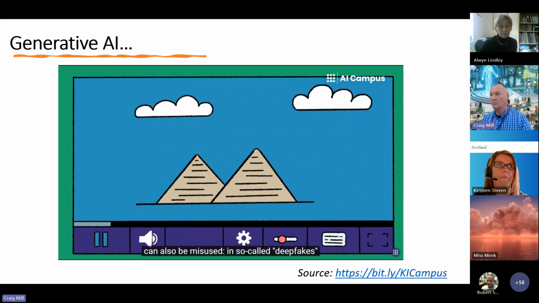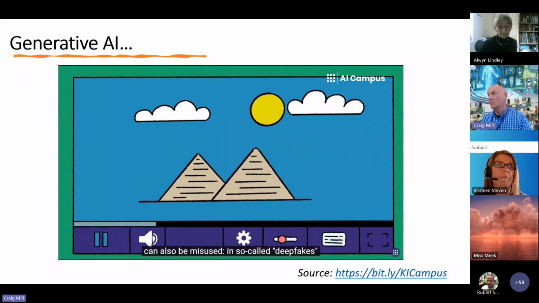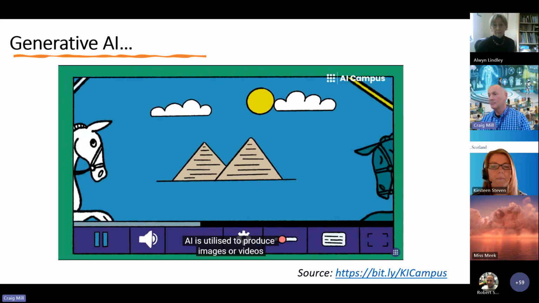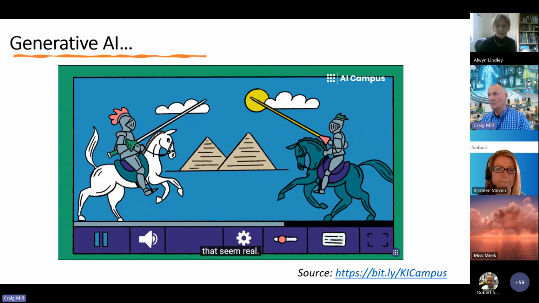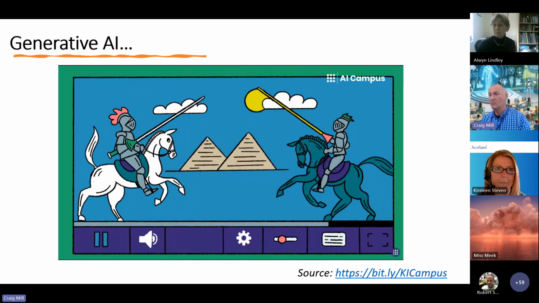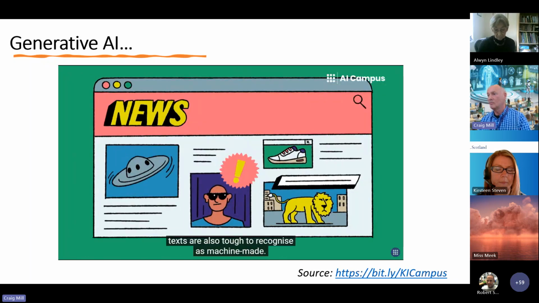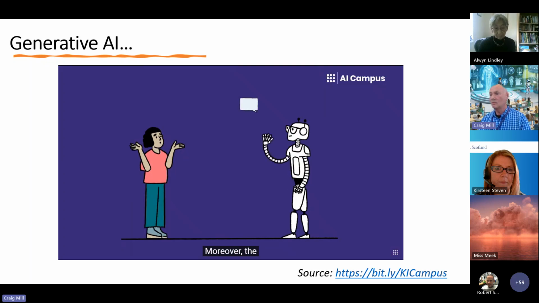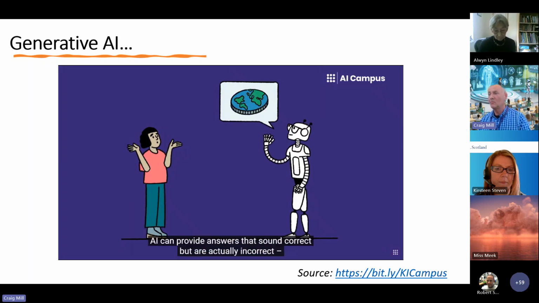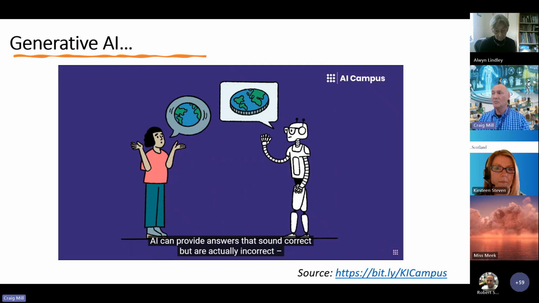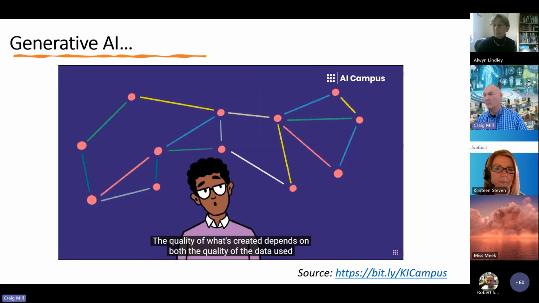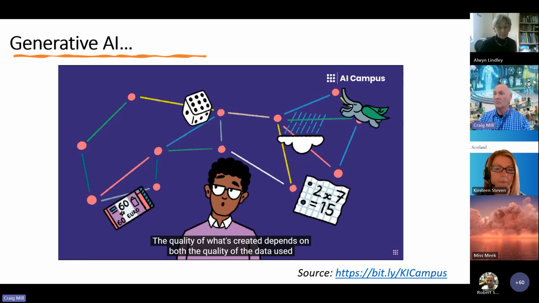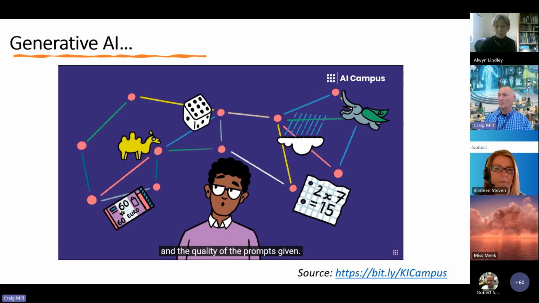Generative AI can also be misused. In so-called deep fakes, AI is utilized to produce images or videos that seem real. AI-generated texts are also tough to recognize as machine-made. Moreover, the AI can provide answers that sound correct but are actually incorrect. This is called hallucinating. The quality of what's created depends on both the quality of the data used and the quality of the prompts given.